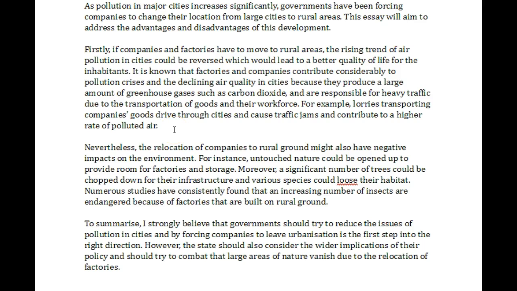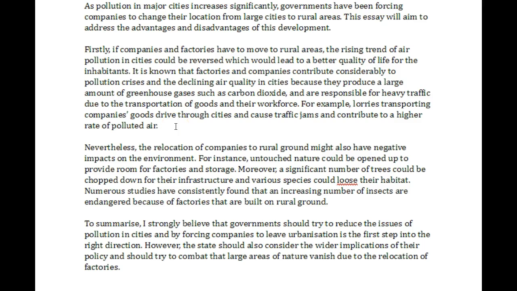So something like, in order to mitigate this problem, it is sensible for governments to ask companies to relocate. And we could talk about spreading the load, reducing the density of pollutants in cities by spreading them further out. Talking about the idea of concentration of density.